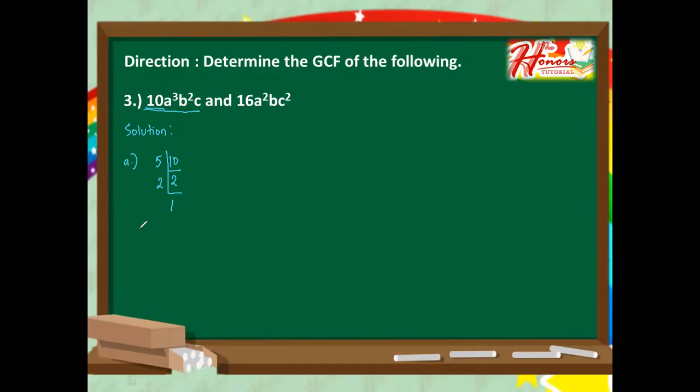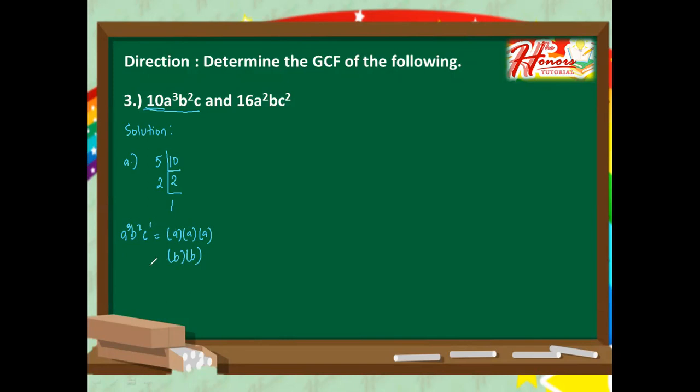For a cubed b squared c, let's solve it here. If you're going to expand it, then we should have 3 a's. So we have here a times a times a. And for b, we should have 2 b's, so that's b times b. And for c, we cannot see any exponent, but automatically it is 1.